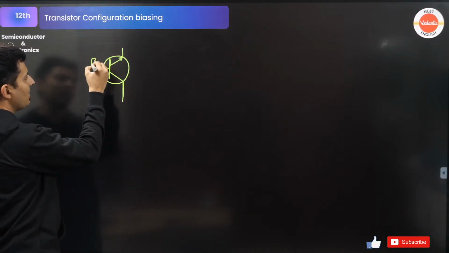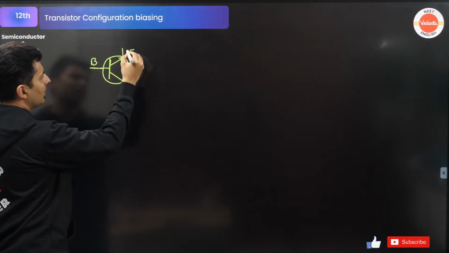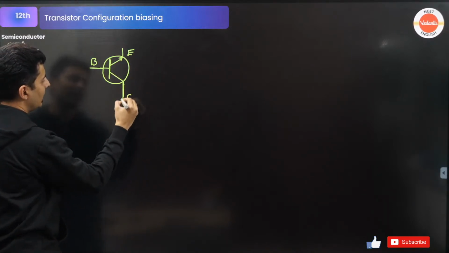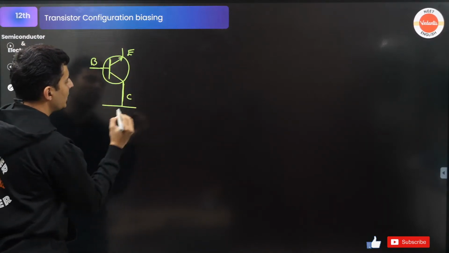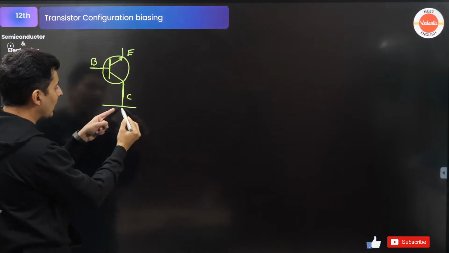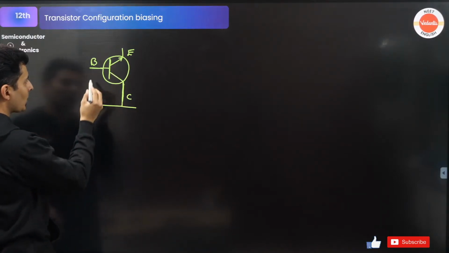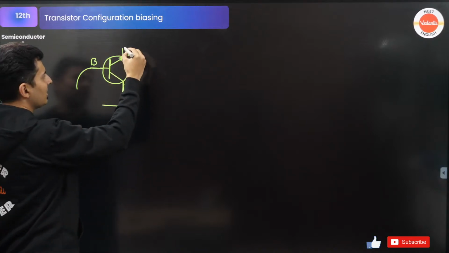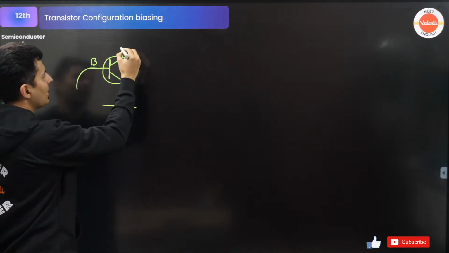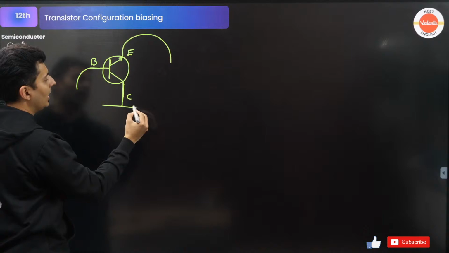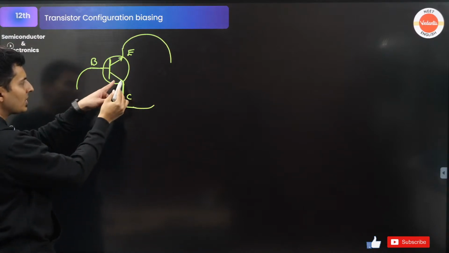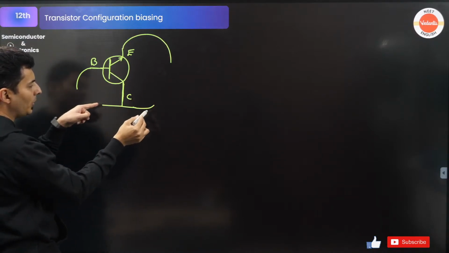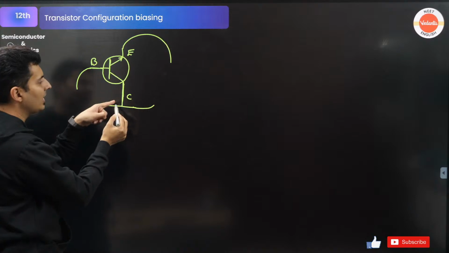This is obviously base, this is emitter, and this is collector. I take this collector and split it into 2 parts, or rather these 2 parts are merging into the collector. One part I connect to the circuit over here, maybe some devices are there, and this part I connect to other devices over here. Do you see the collector is split into 2 parts, or these 2 parts are merging at the collector?